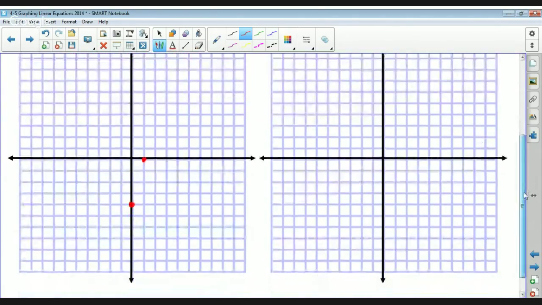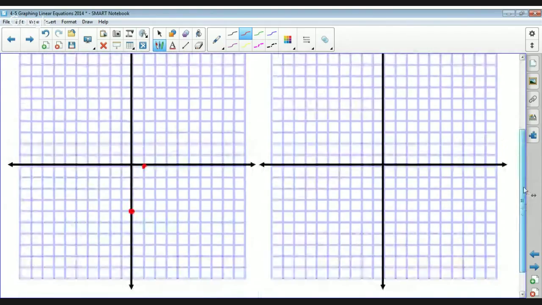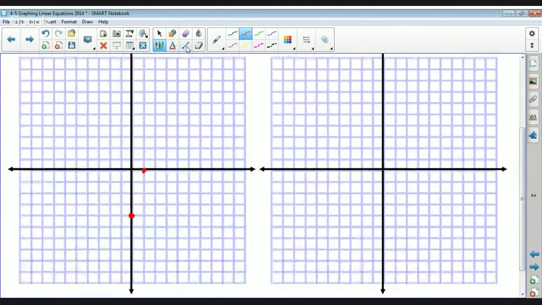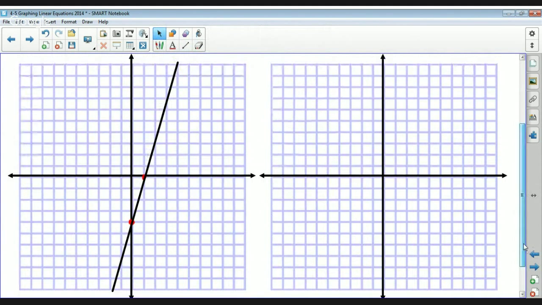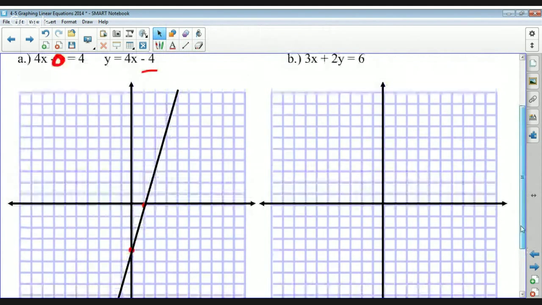So now that I can see my entire graph, I can grab a line tool and connect the dots. And I can stretch it out this way as well. So there's the third way, graphing by just our x and y intercepts.